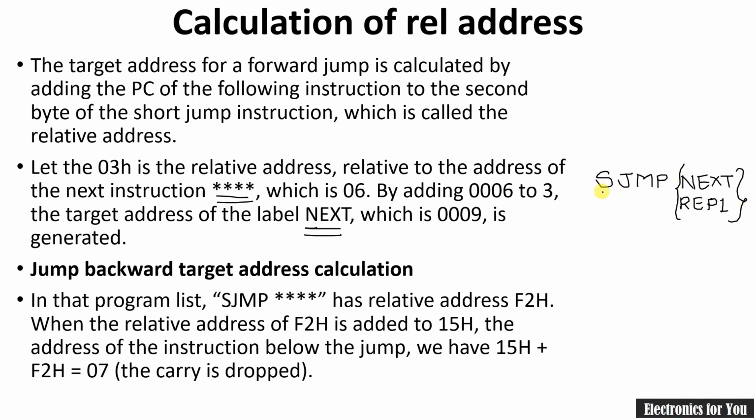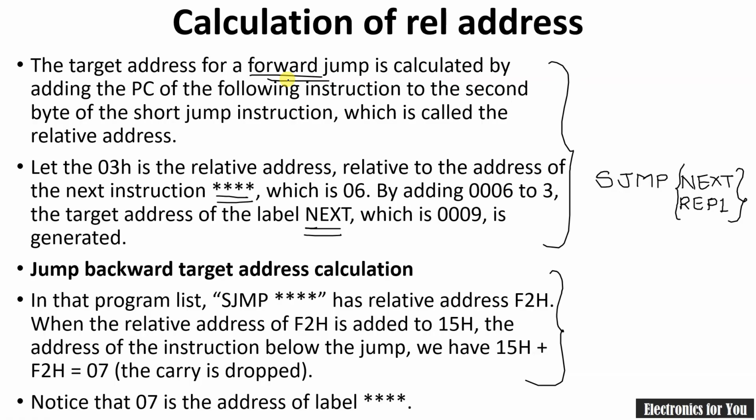So the calculation will be done by the assembler and not by you, and in this way the assembler calculates the address for a backward or forward jump. So you should note it. This is the relative address, and once you know it, you can solve most of the problems.